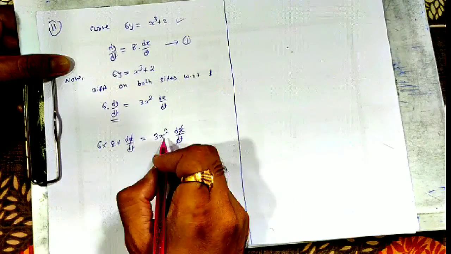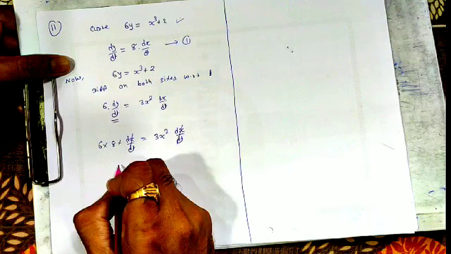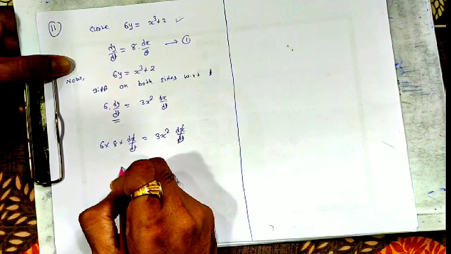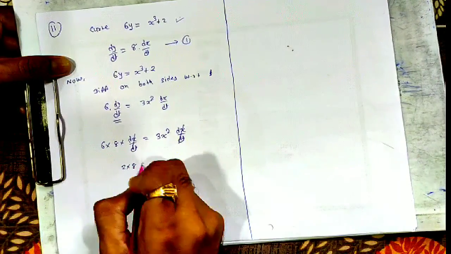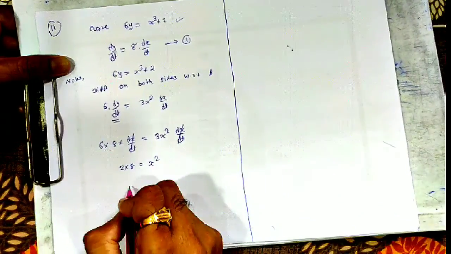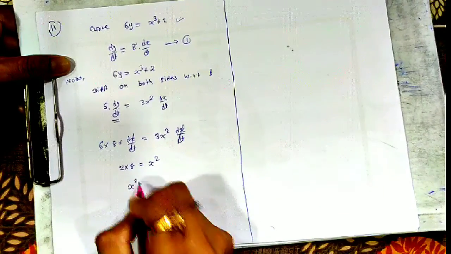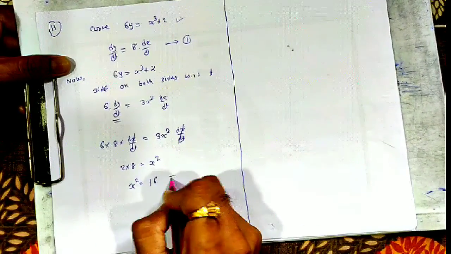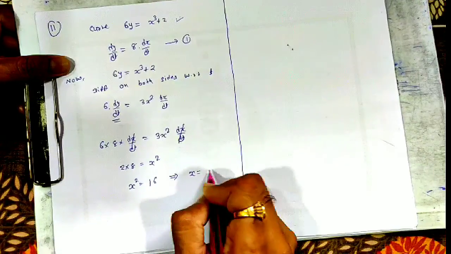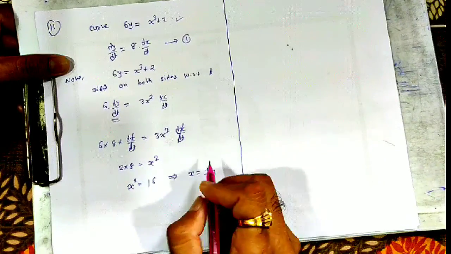Both will cut. This 3 will come into division. So it's 3 twos are, so 2 into 8, 16 is x square. So we are getting x square equal to 16. Therefore x equal to plus or minus 4.